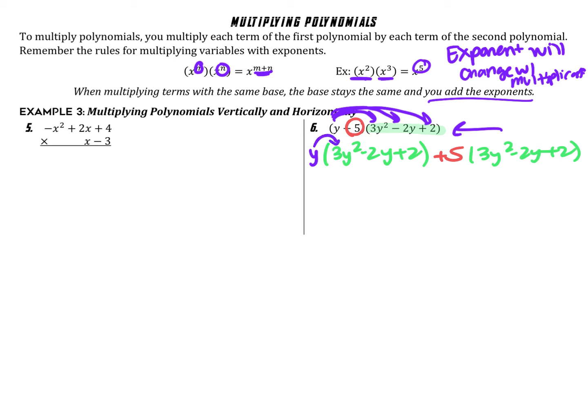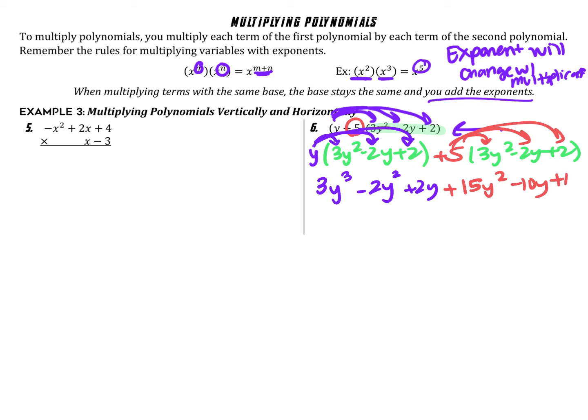If we multiply y by 3y squared, we get 3y to the third because the exponents 1 and 2 add to be 3. If we multiply y by negative 2y, we get negative 2y squared. If we multiply y by 2, we get 2y. 5 times 3y squared is going to give us 15y squared, minus 10y, plus 10.